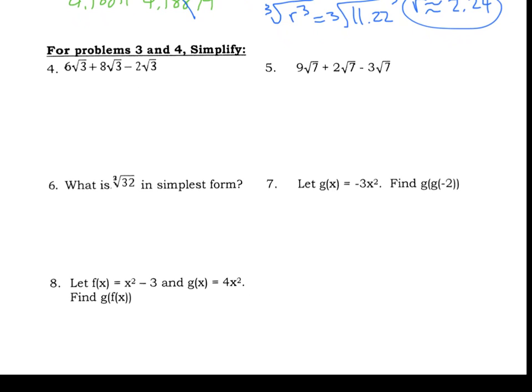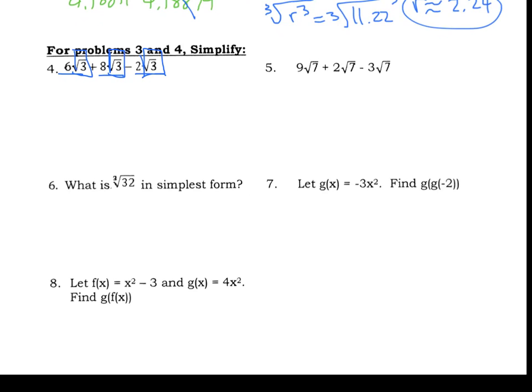So I've got 6 times the square root of 3 plus 8 times the square root of 3 minus 2 times the square root of 3. And while it might not look like it at first, what we're really going to do is combine like terms. Notice that these are all square roots of 3.